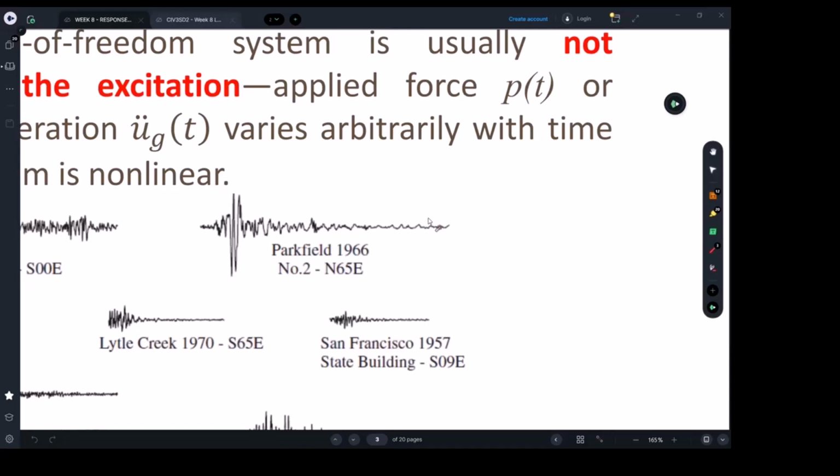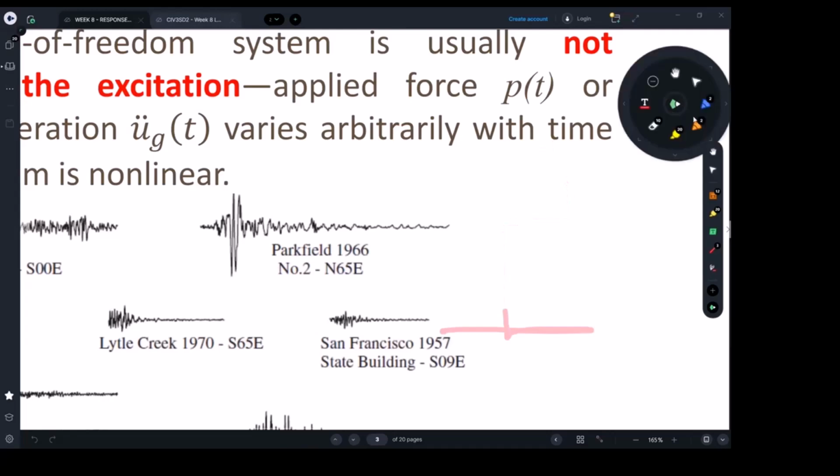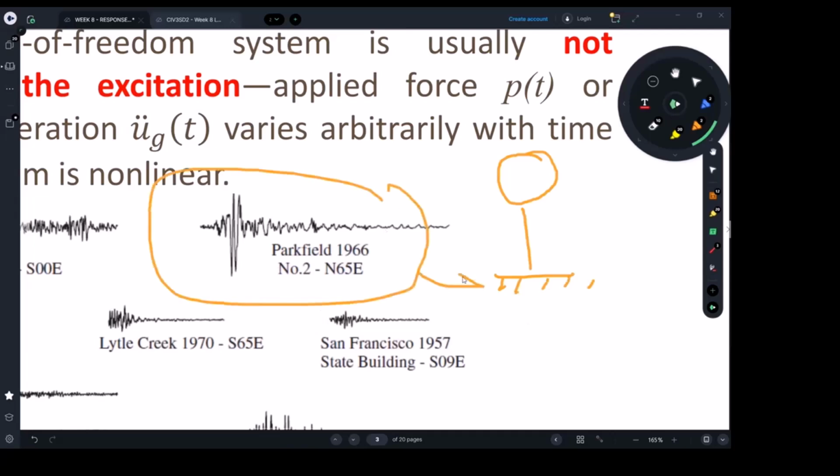We need to determine what's happening with the single degree of freedom system which we're supporting. So if this is our structure, simplified as a single degree of freedom system, then this motion is actually applied at ground level. And what we really want to find is the displacement, velocity, or acceleration resulting in the mass of the single degree of freedom system, in this mass, basically.